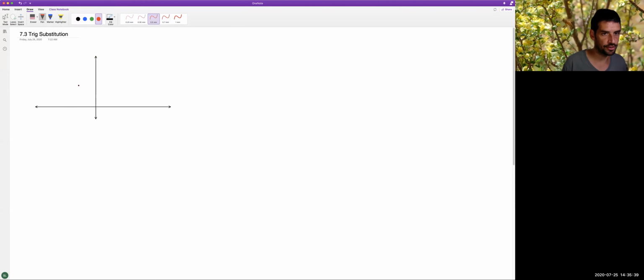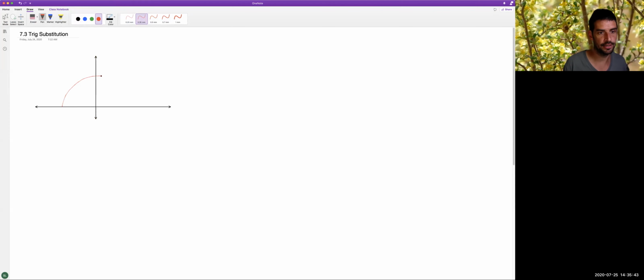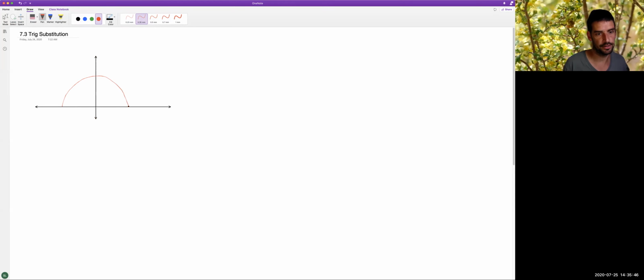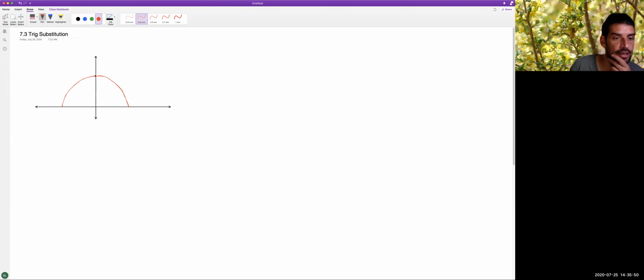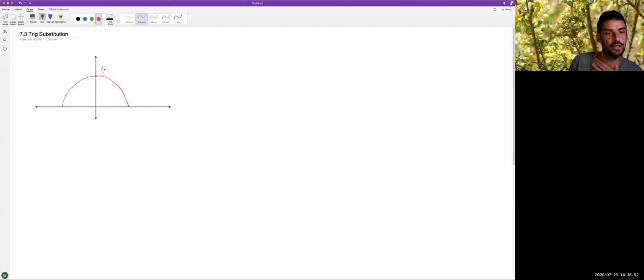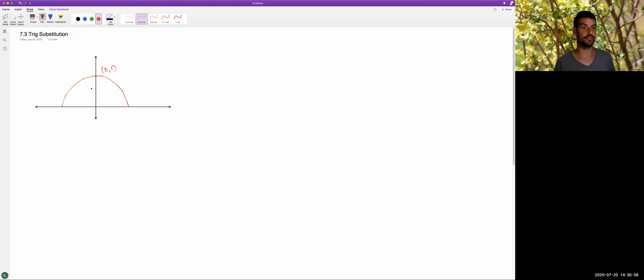So let's sketch this. It's going to be something like that. Okay. So again, centered at the origin with a radius of 1.